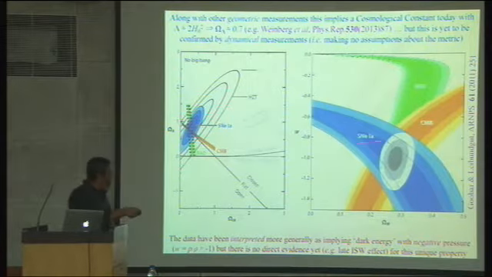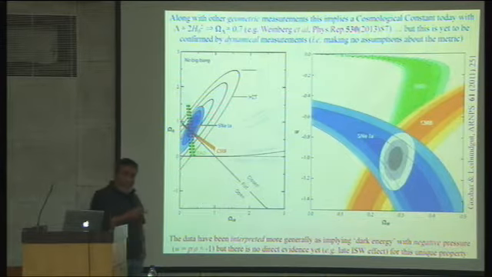But even so, the results seem to be all consistent, as somebody remarked earlier, with a cosmological constant. Now, what I want to emphasize is that this is entirely inferred from the luminosity-distance Hubble diagram of supernovae. We don't actually have any direct evidence for negative pressure.